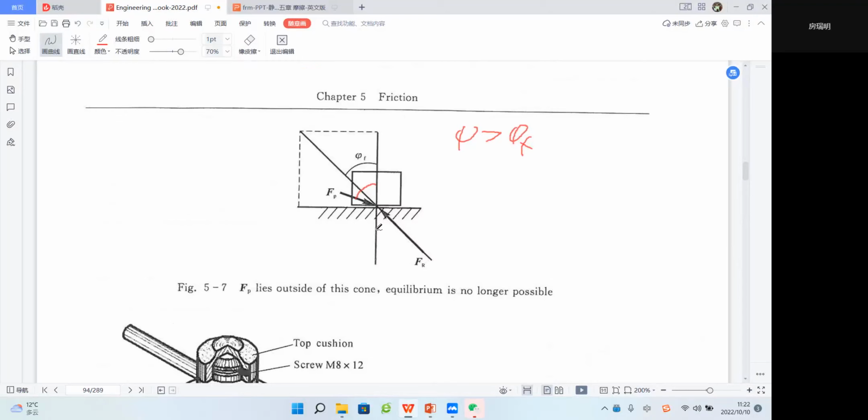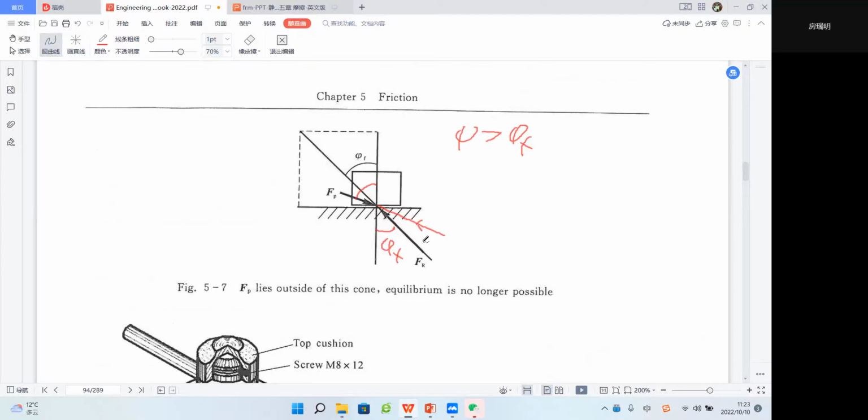But its maximum angle between FR and this normal line is phi F. It also reaches its maximum phi F. It cannot rotate along this direction anymore. Can you guys understand? So it cannot be like this, right? Just the opposite direction of this FP.